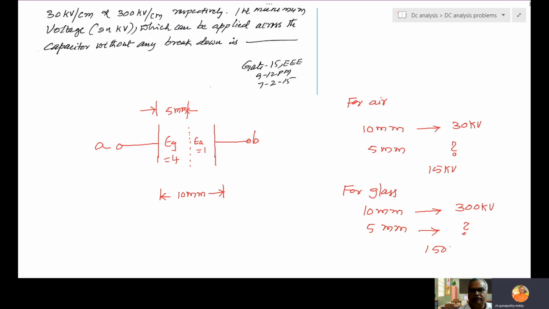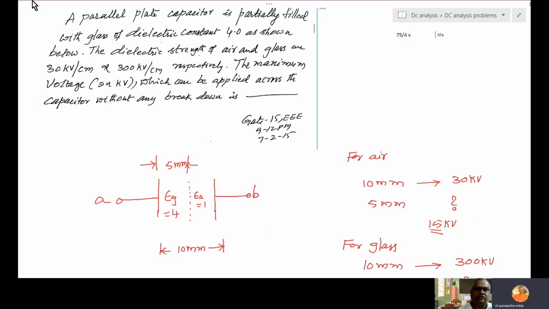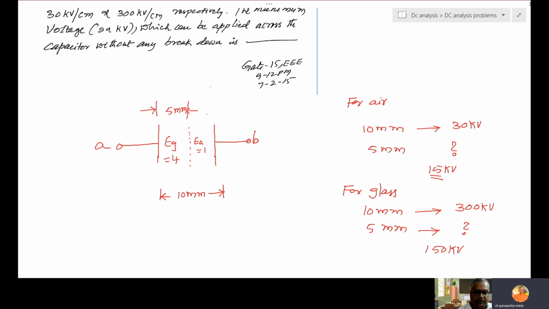It will be 150 kV. So glass capacitor breakdown is 150 kV. Air capacitor breakdown is 15 kV. And what is the maximum voltage we can apply so that capacitors will not break down? So we should consider the air capacitor first.